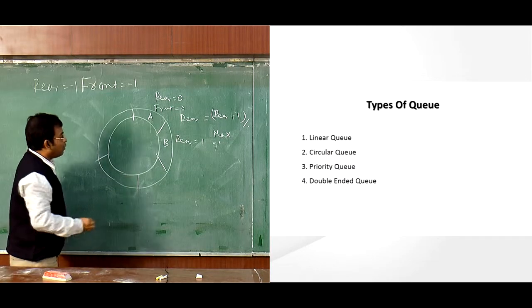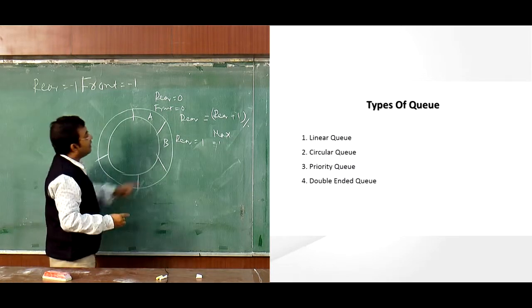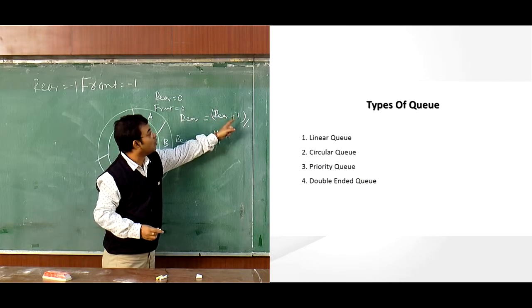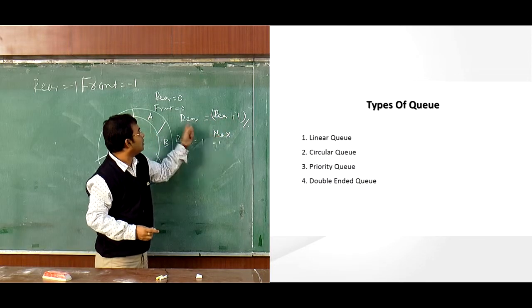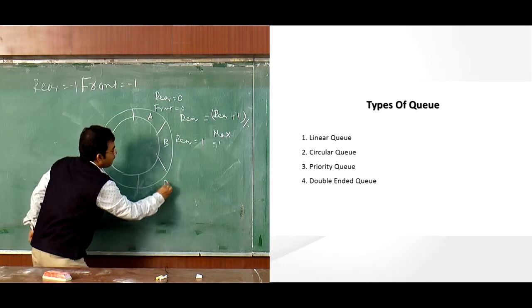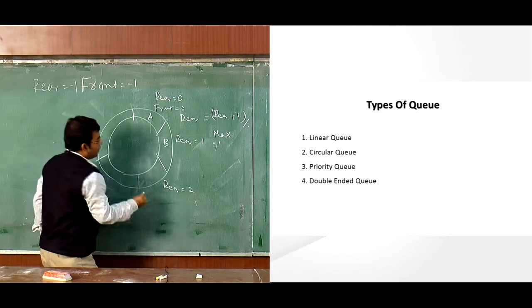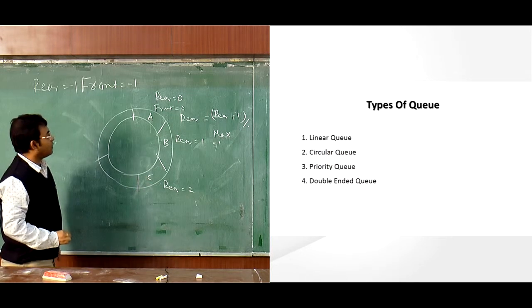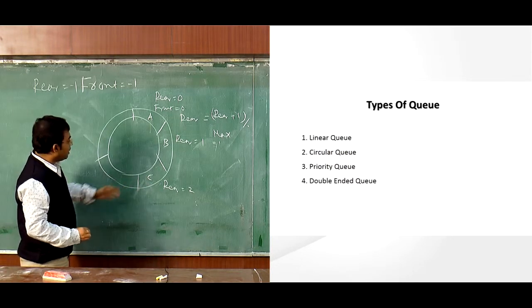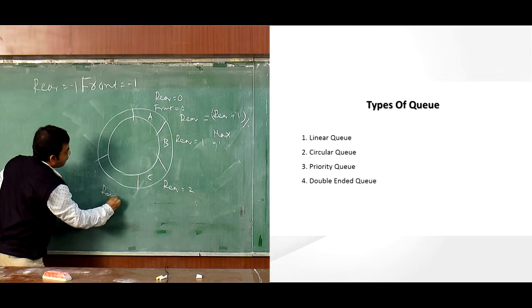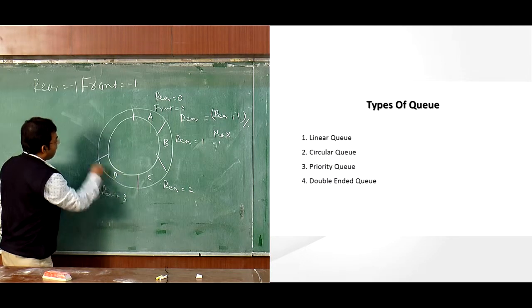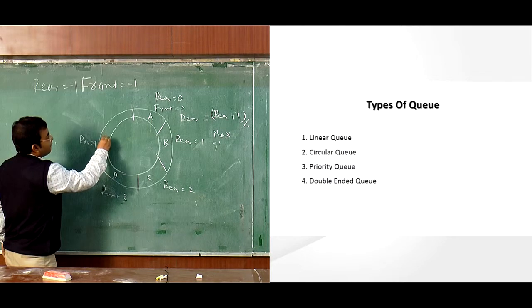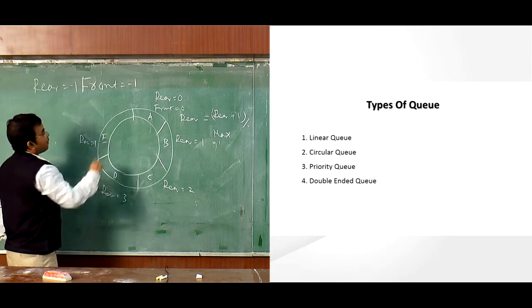So rear comes to 1 and you insert B. Similarly, rear is 1 now, then 1 plus 1 is 2, 2 mod 5 is 2. Then we insert the third element into the circular queue. Similarly we have rear 3, rear 4, right.